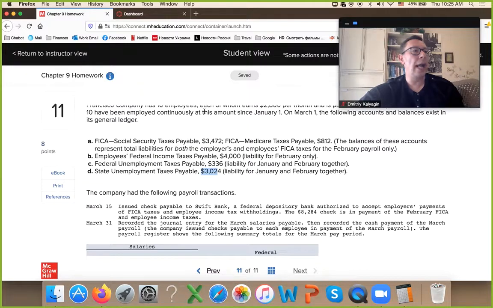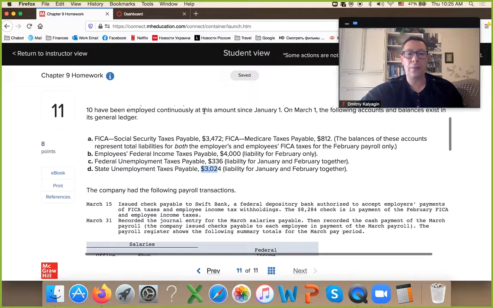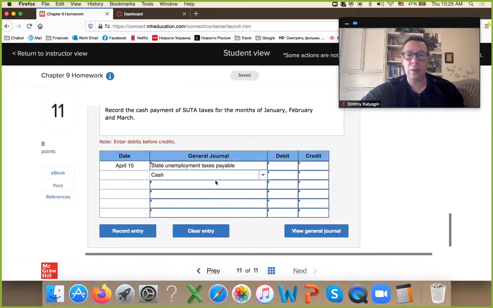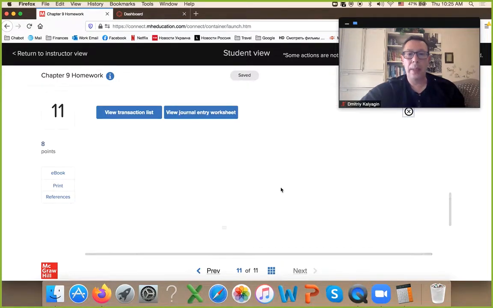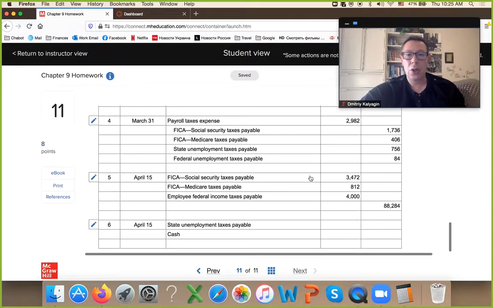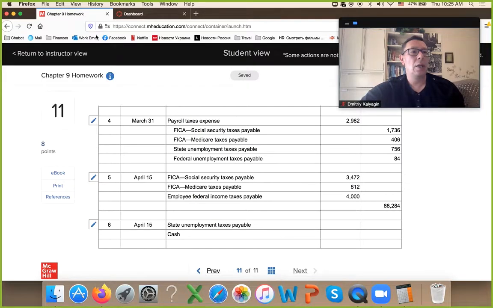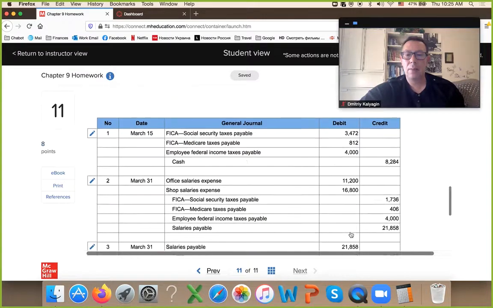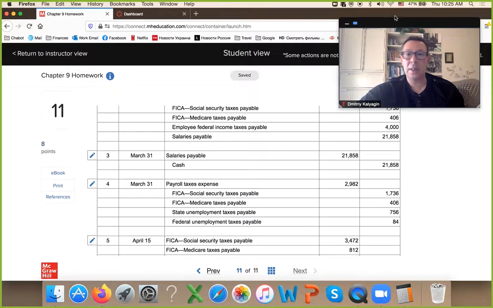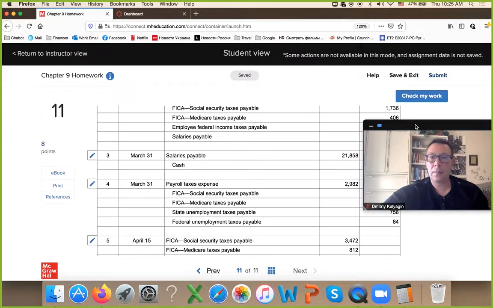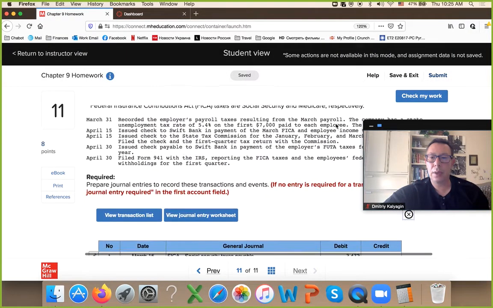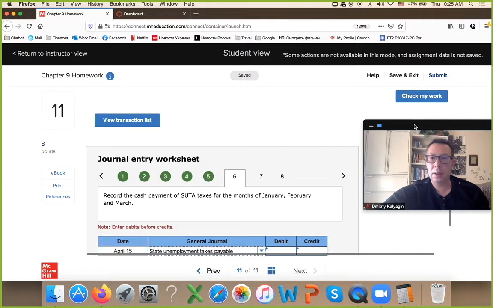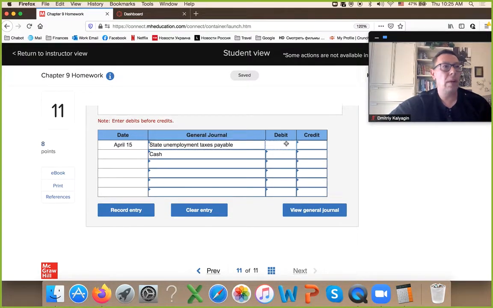And then if you look at the transaction for March 31st, so remember 3,024 plus for March, this is state unemployment, plus 756, okay? So again, 3,024 plus March unemployment of 756. Right here. I'm going to get the amount of $3,780.